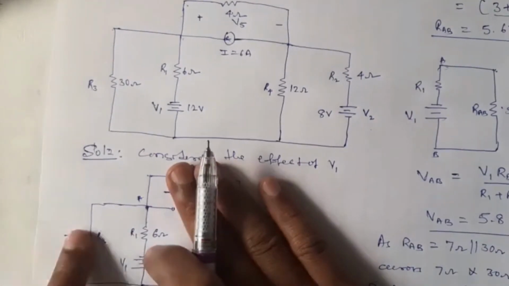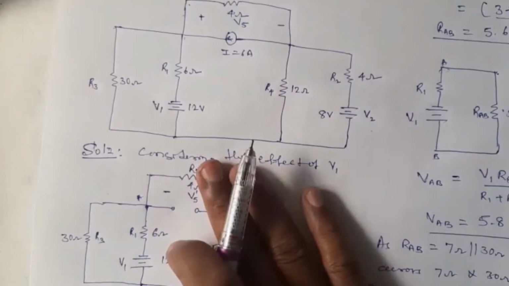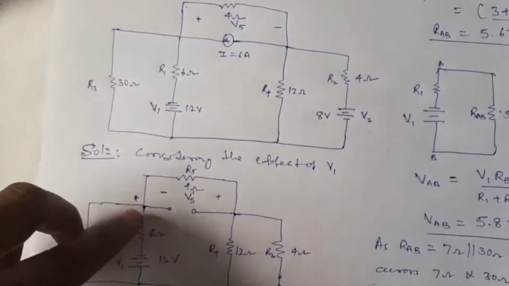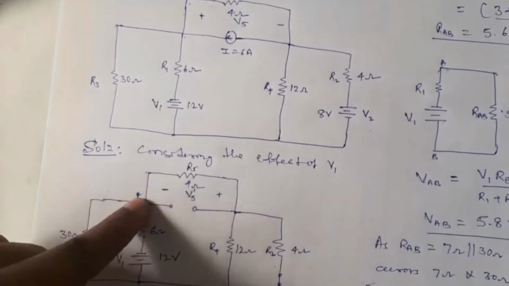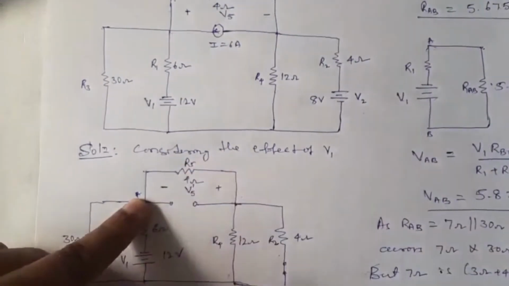Across 30 ohm and 7 ohm there is the same voltage, VAB. Now, across this the voltage will divide. Here you have 3 ohm, here you have 4 ohm. That's what I am writing.